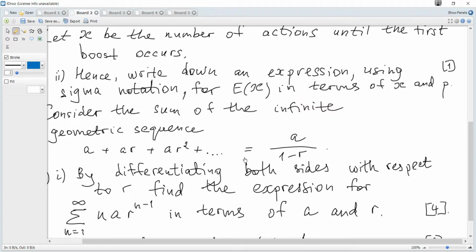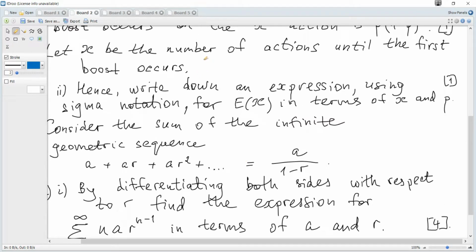Just using the formula, you remember that E of x is the sum for all possible values of x, of x multiplied by the corresponding probability. It can be at absolutely any trial, so x may be absolutely any integer up to infinity.